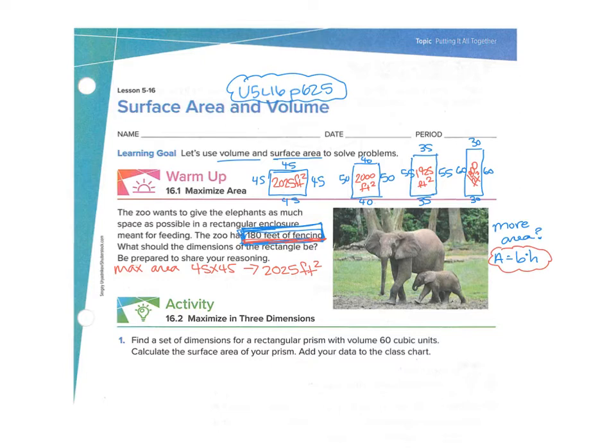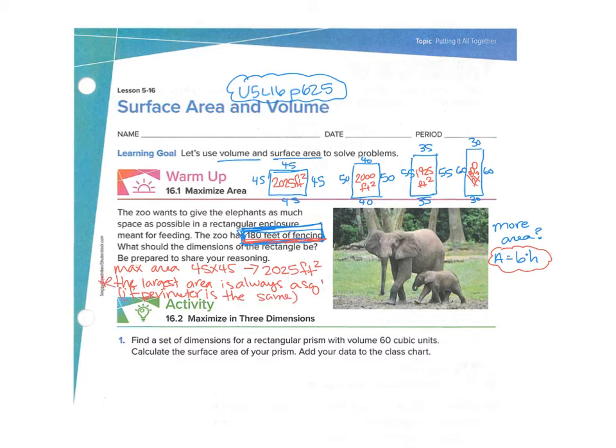And actually, write this down, please. The largest area is always a square if perimeter is the same. That's in parentheses underneath.